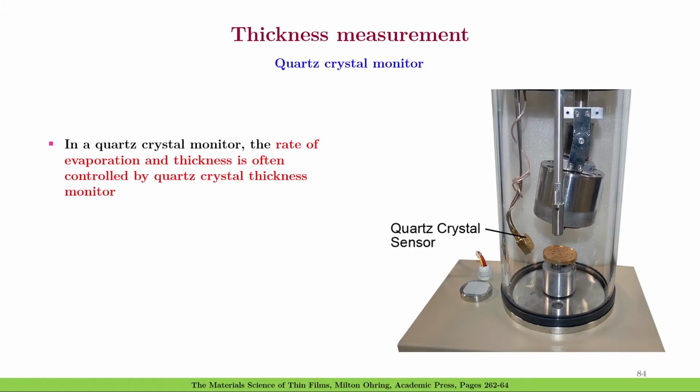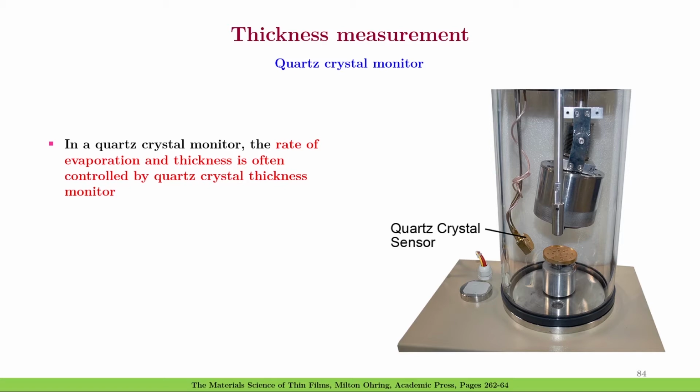The first technique that we are going to learn to measure the thickness of thin films is by using quartz crystals. In a quartz crystal monitor, the rate of evaporation and thickness is often controlled by the quartz crystal thickness monitor.